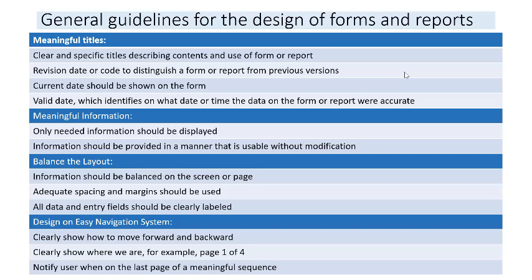Put some date and revision somewhere so that we know which version of the form or report you are using, because almost surely you will have different versions of the same form. And it is good to have the current date shown on the form.